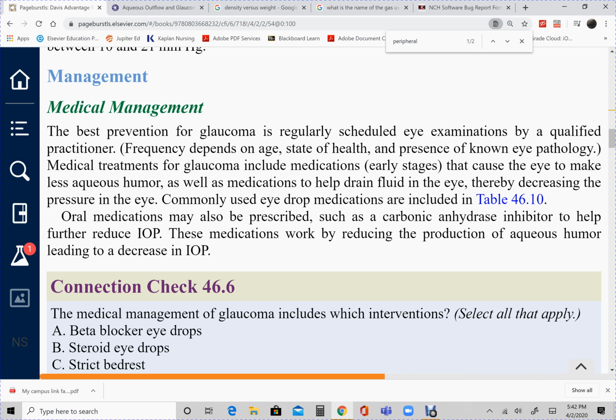Remember that every time the intraocular pressure increases, it will compress the fragile nerves and blood vessels inside the eye, so that will cause damage, and every time that happens there will be loss of vision, and that will increase over the years. So that will result in blindness.